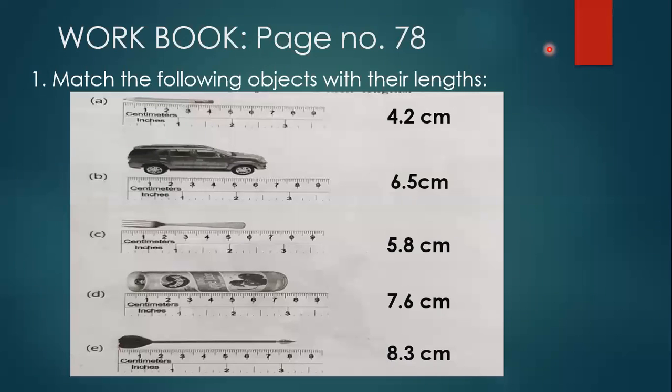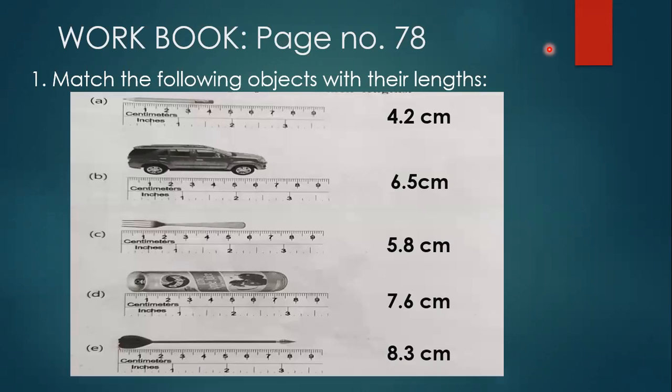On the small scale in the geometry box, on the centimeter side, numbers from 0 to 15 are marked. The part between two successive numbers is divided into 10 parts, and each part shows 1 millimeter. 1 millimeter is equal to how many centimeter? 1 millimeter is equal to 0.1 centimeter.